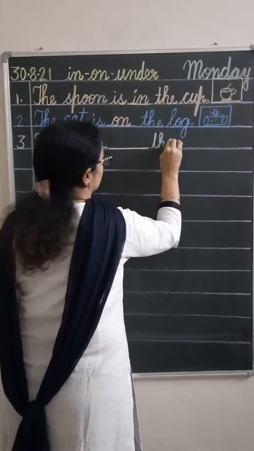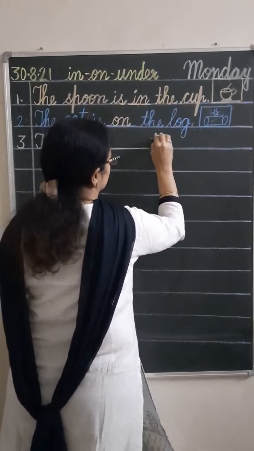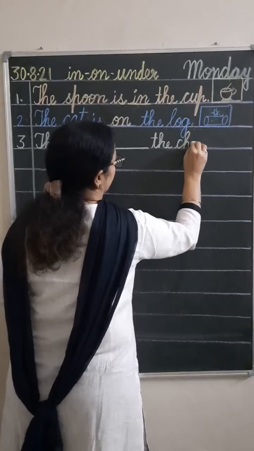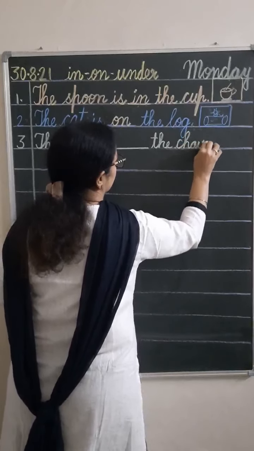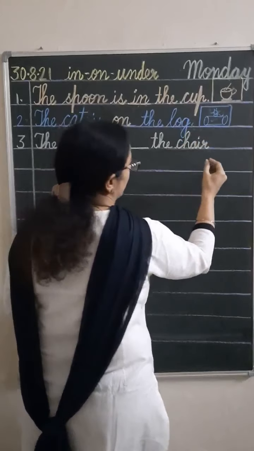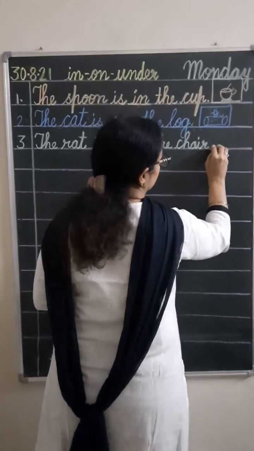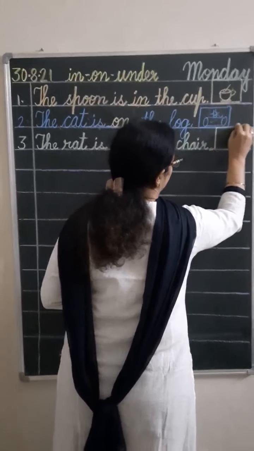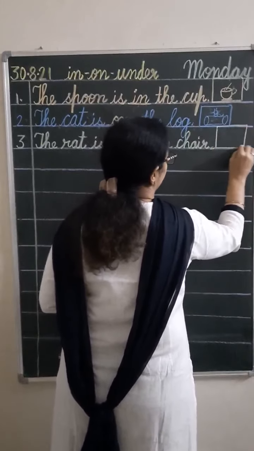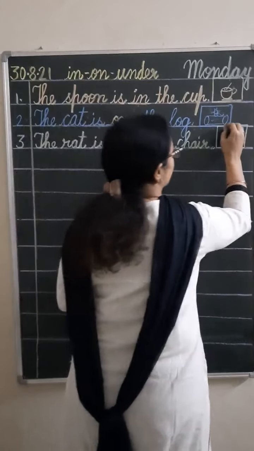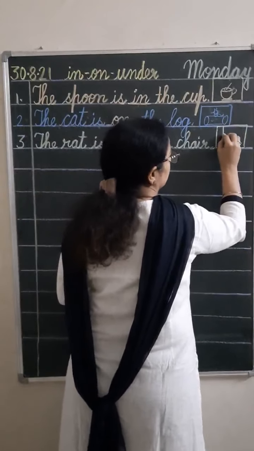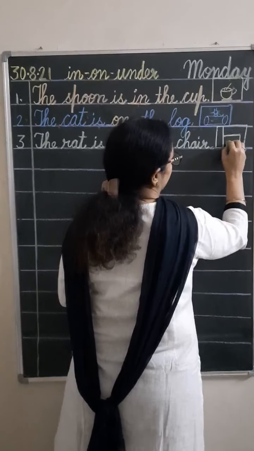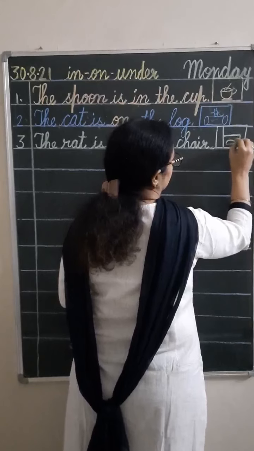THE, the chair. CHAIR. Put dot on small i and here full stop. Be careful about the full stop. Make a box like this. And here we will draw a chair like this, and here make a rat. Okay.